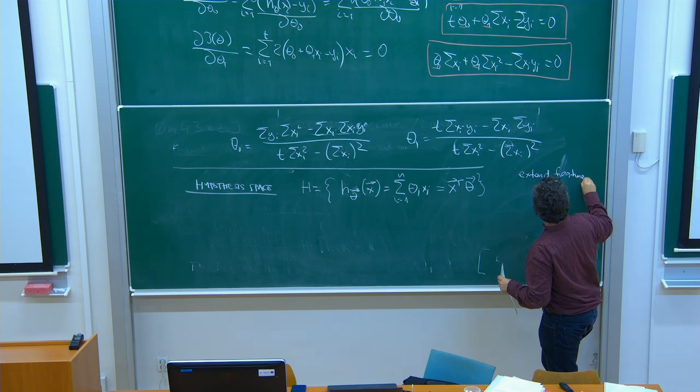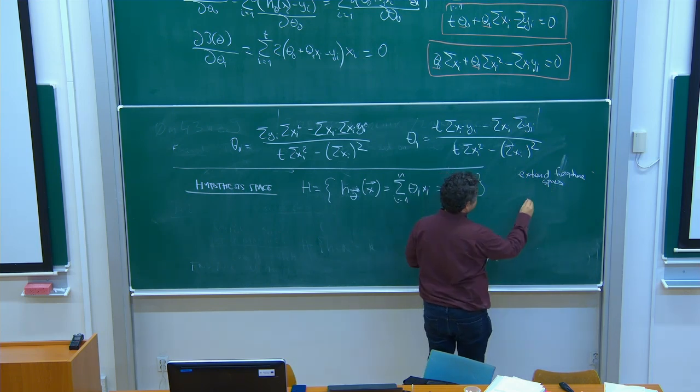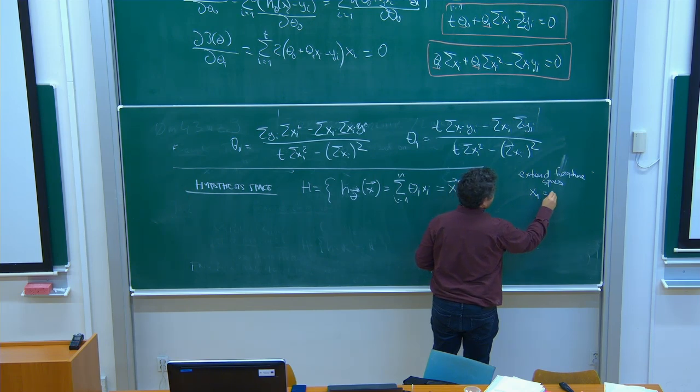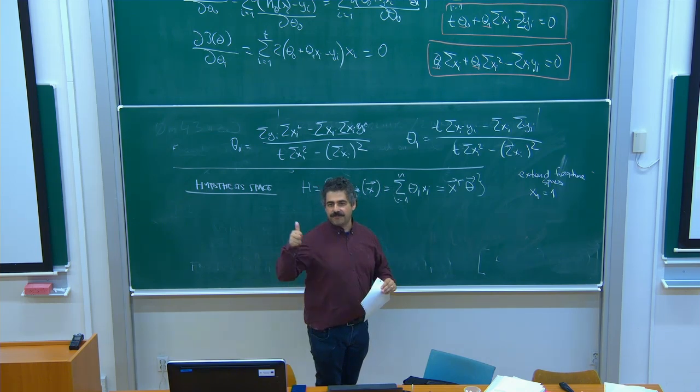We will add one more feature. Basically, for every vector x, x1 will be 1. So the first feature of every example will be fixed at 1.